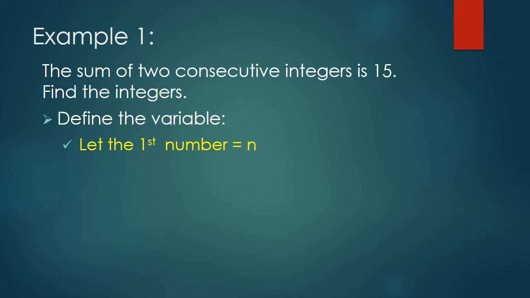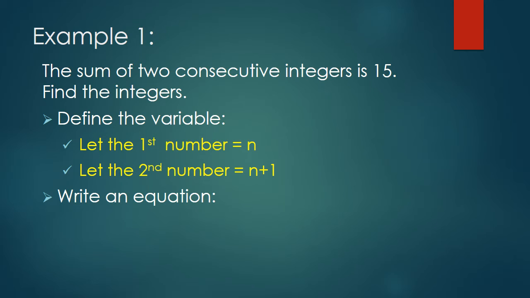Now you can use x, you can use y, you can use any letter to express the variable. The consecutive integer after n is going to be n plus 1, because again, to get the consecutive integer, you had to add 1.